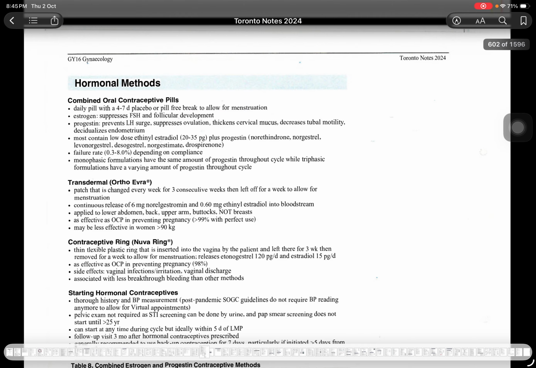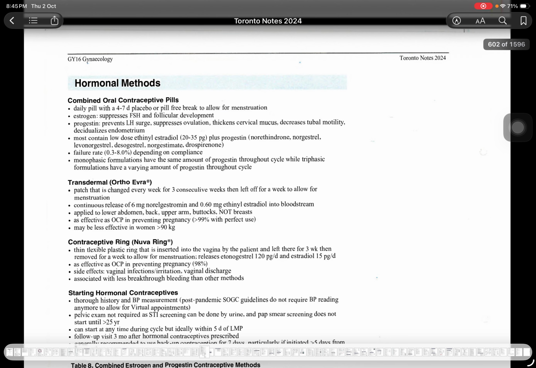Now, going back, combined oral contraceptive pills are the ones that I just showed you: daily pills with a 4 to 7 day placebo, pill-free break to allow for menstruation. Estrogen suppresses FSH and follicular development. Progesterone prevents the LH surge, suppresses ovulation, thickens cervical mucus, decreases tubal motility, and decidualizes the endometrium.